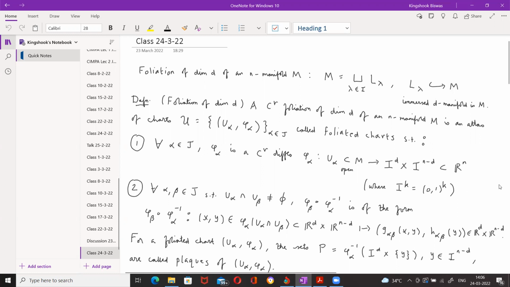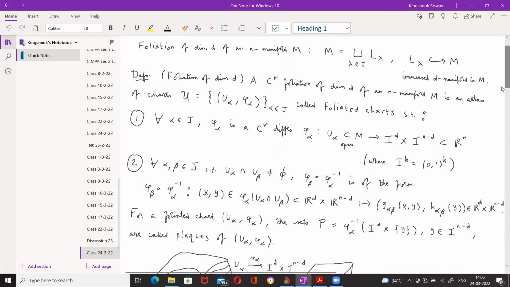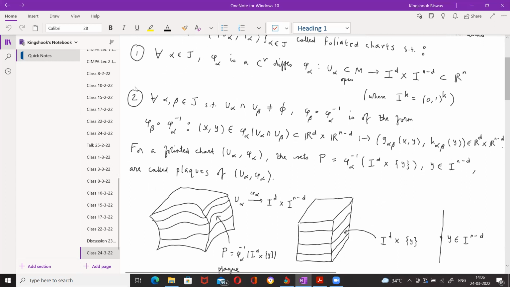And what you want is that the change of charts should respect the product structure in the following sense. For any two charts U_alpha and U_beta which intersect, the change of charts map phi_beta composed with phi_alpha inverse, which goes from a subset of the n-square in R^n to the n-square in R^n, should be of the form (x, y), where x is a variable in R^d and y is a variable in R^(n-d).